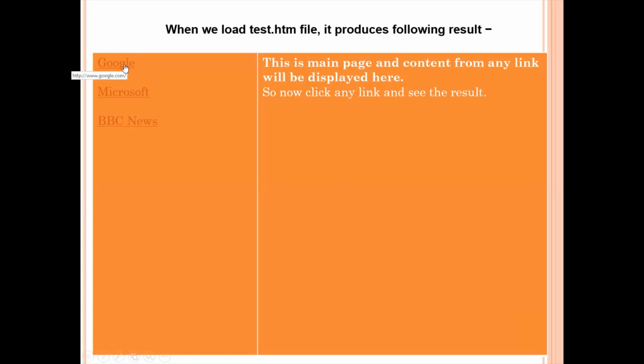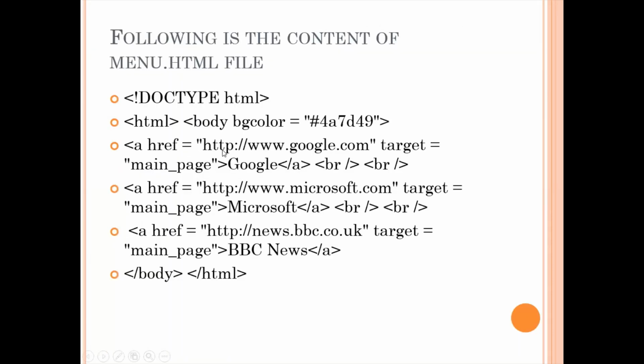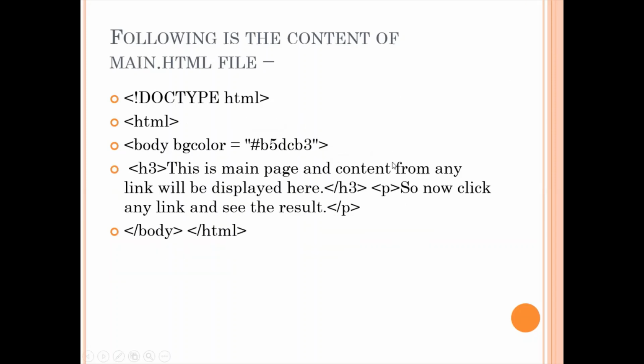Here we have some hyperlinks which we have created. You can check here. In this menu.html, we have created these hyperlinks: Google, Microsoft, and BBC News. And this is the main HTML file, main.html. This is the main page, and content from any link will be displayed here.